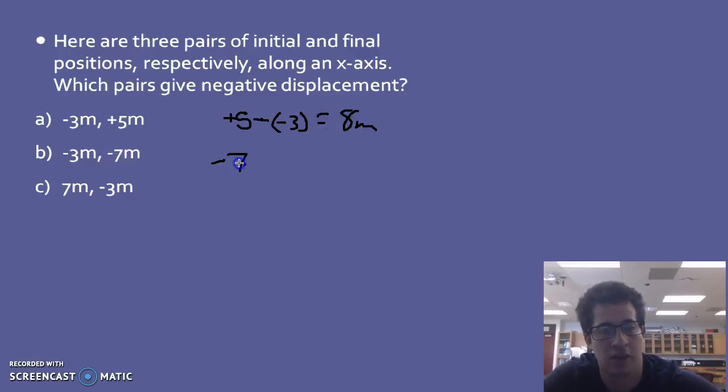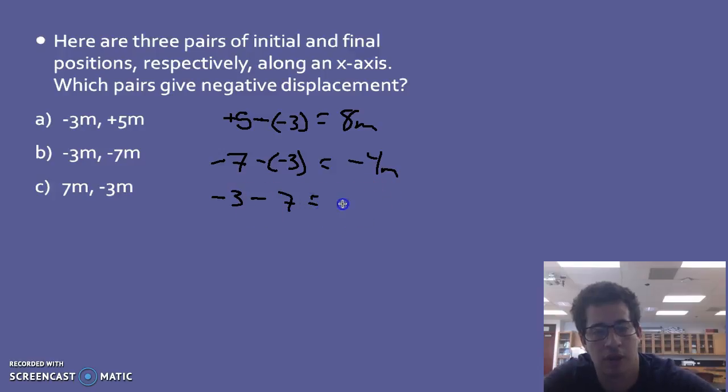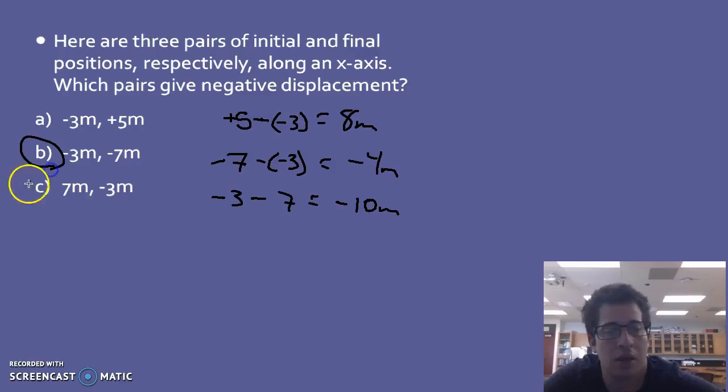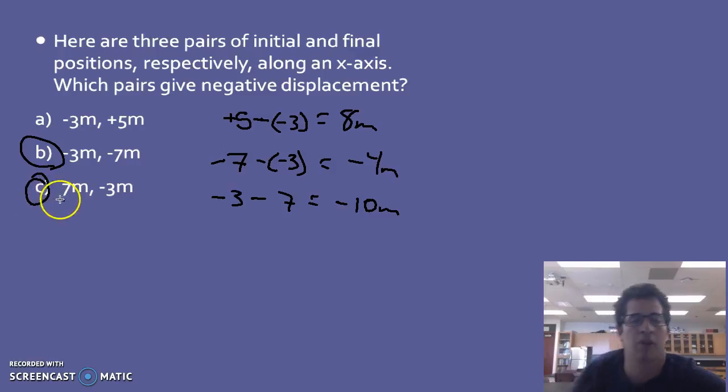Negative 7 minus negative 3 is going to be negative 4 meters. And negative 3 minus 7 gives us negative 10 meters. So it appears that options B and C both give us negative displacement, whereas option A gives a positive displacement.